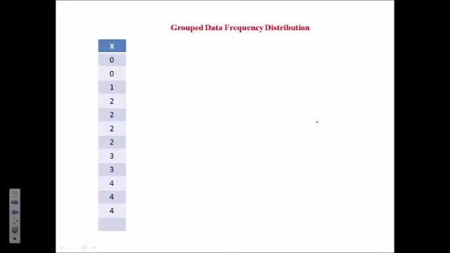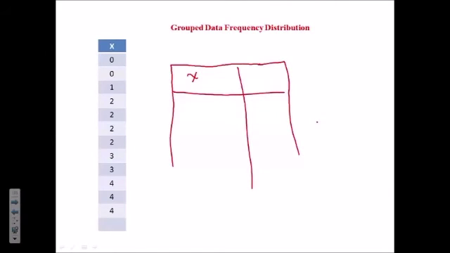Next, we're going to group the data into classes or intervals. So we'll take the scores, and we're going to group them together in the following way. We're going to take all the scores from 0 to 1 and put them together.